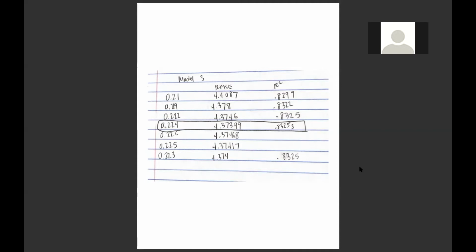So fiddling with that, we eventually got it to the best it could be at 0.224, and the RMSE value and the R squared value were still a ways away from being accurate. They were at 4.373 and 0.833, which is pretty inaccurate.